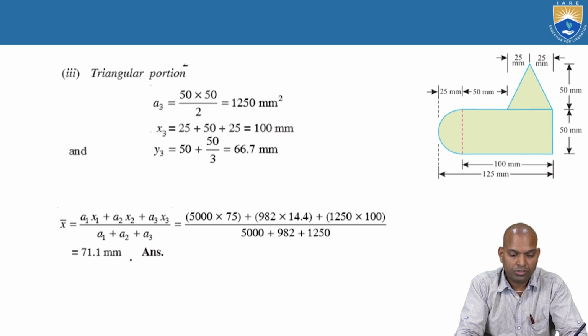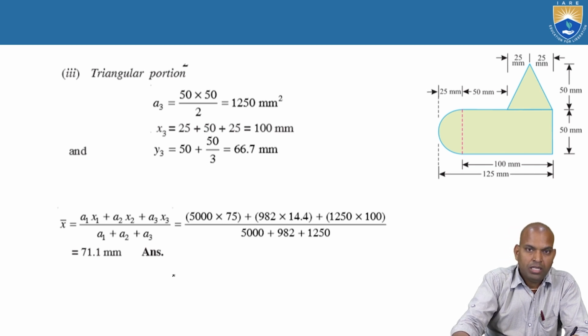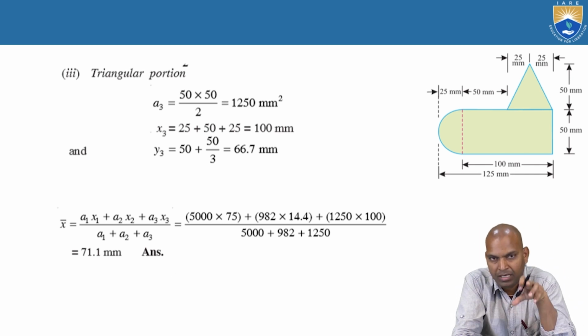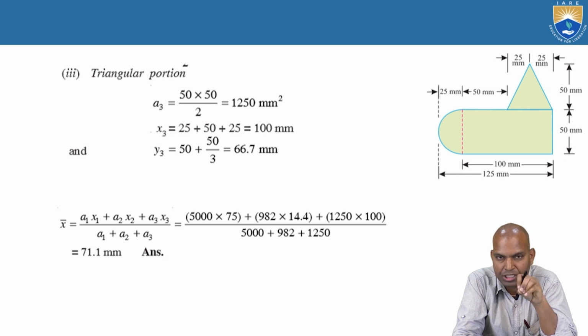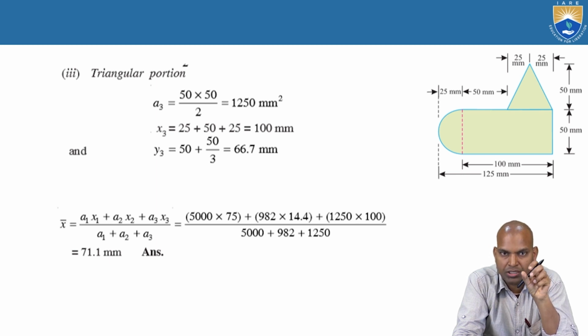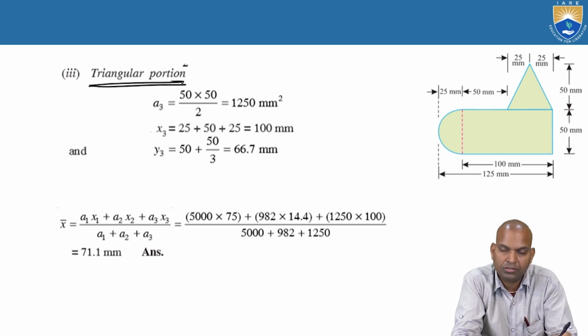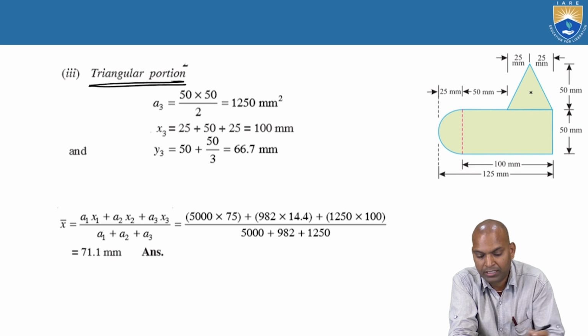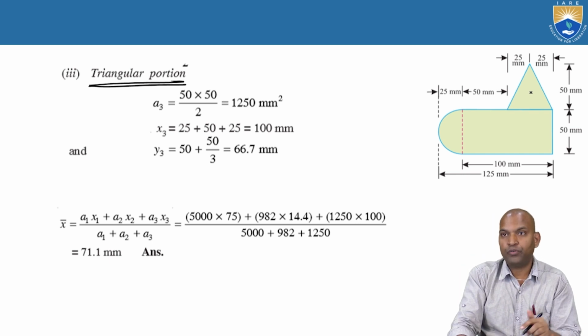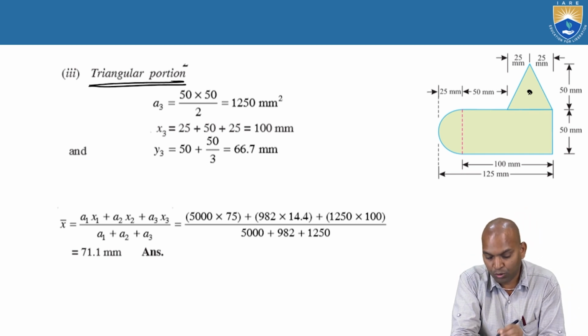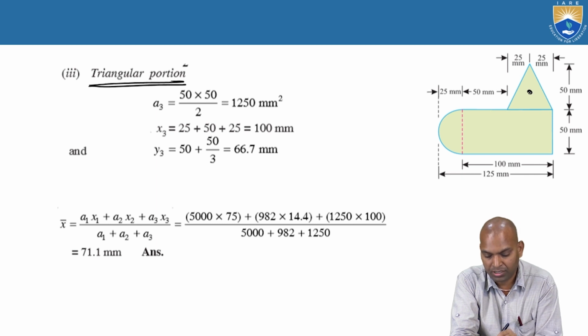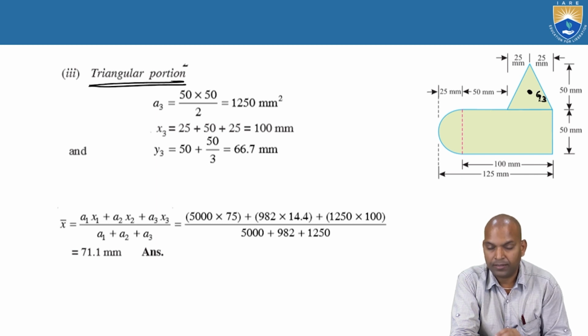Alright. Now the third portion. So far we covered a rectangular section and a semicircular section. Two sections are completed. Now the third section is the triangular portion, located here. Before going to locate it, we have to locate the centroidal distance, that is G3 here.